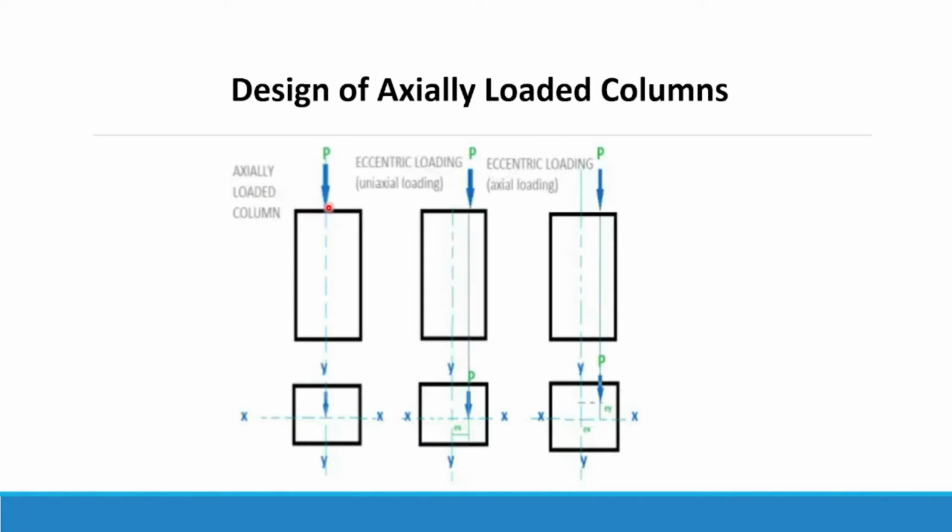So this is the diagram for the axially loaded column, which is at the centroid of the cross section of the column, and this is the eccentric loading or uni-axial loading, one axis, with a distance x or e. For biaxial loading, we have the eccentricity e at x and e at y.